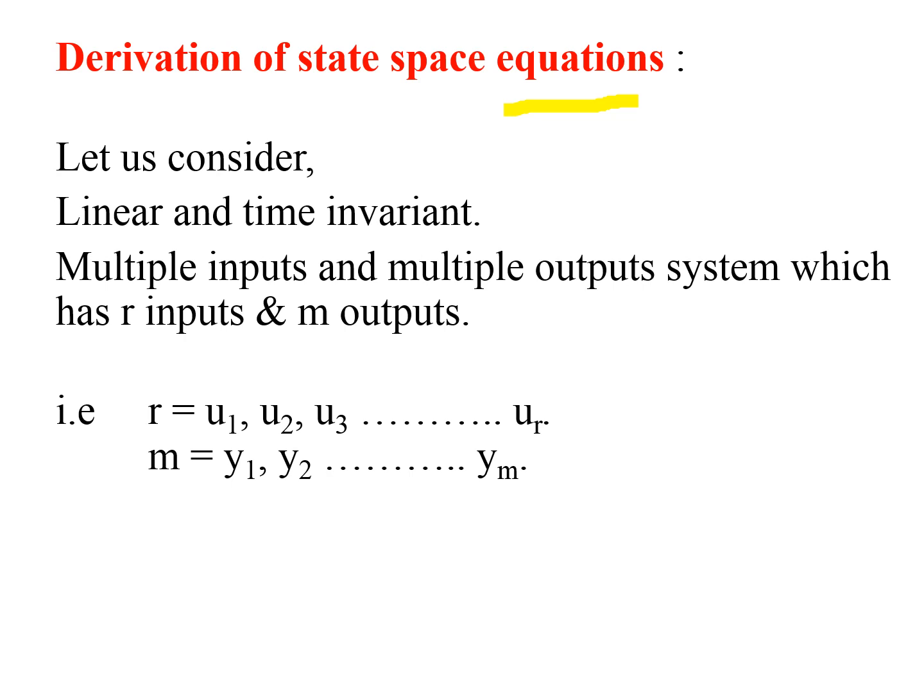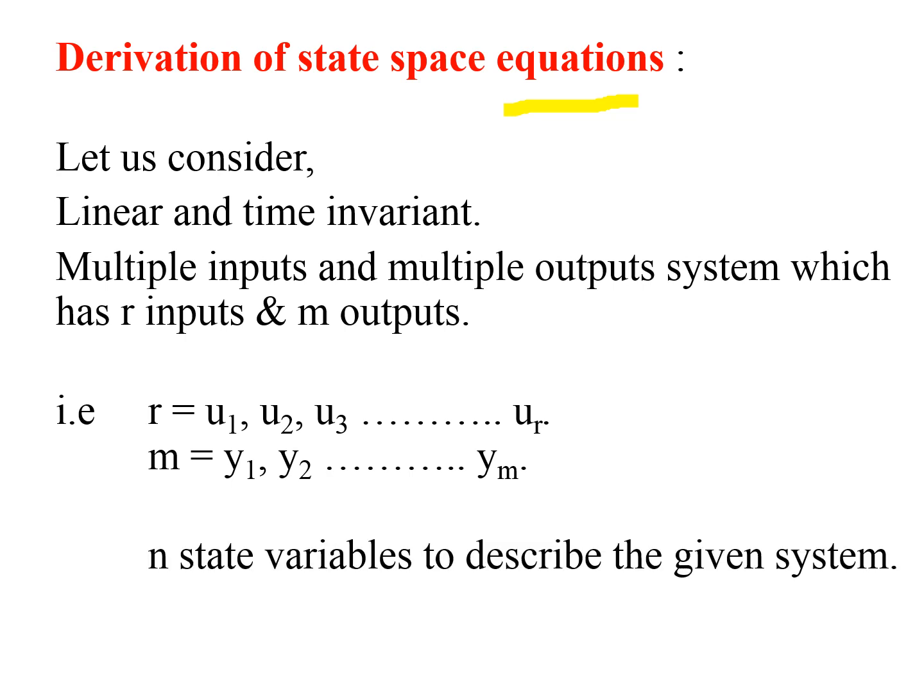That is, r inputs are u1, u2, u3, and so on up to ur. Similarly, m number of outputs, that is y1, y2, and so on up to ym. And consider there are n number of state variables for representing the system. Those are x1, x2, x3, and so on up to xn.